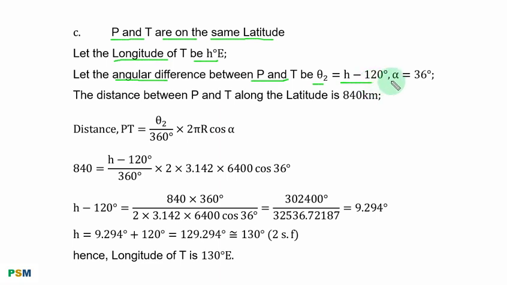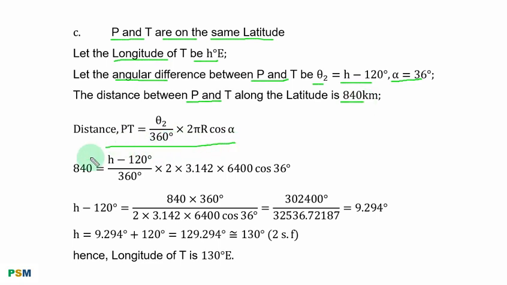Then alpha is 36 degrees. P and T are on the same latitude. The distance between P and T along the latitude is 840 kilometers. Such a distance is given by this formula.